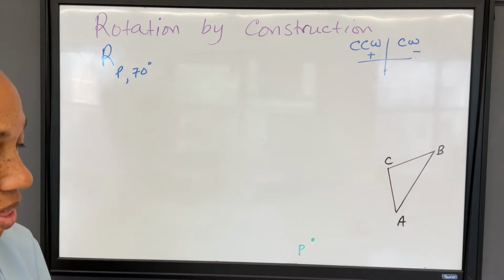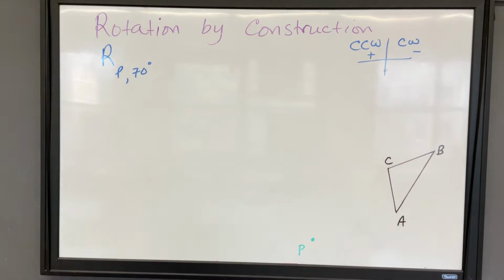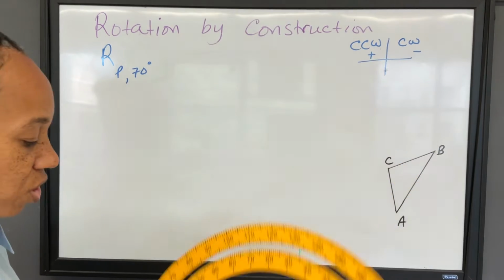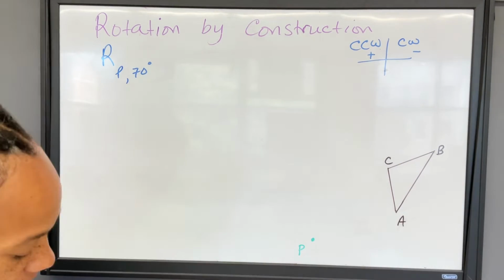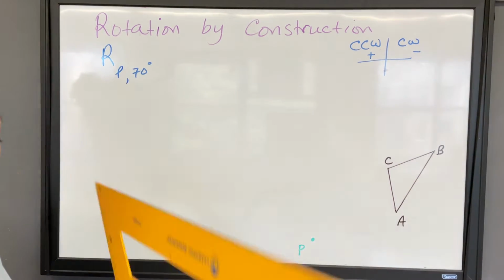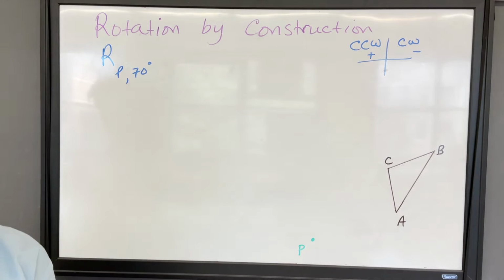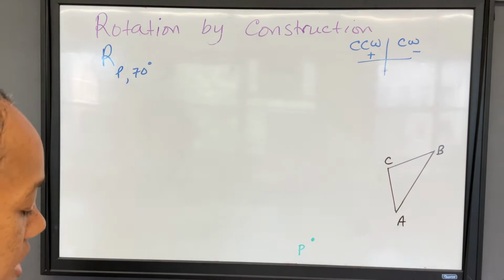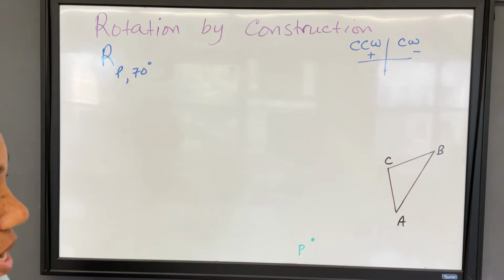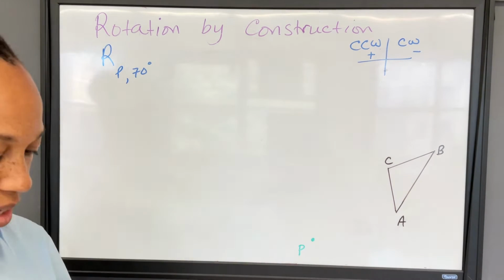Now for that we will need our tools. We will need our protractor, a straight edge, which could be a ruler or anything that has a straight edge, and we'll also need our compass.